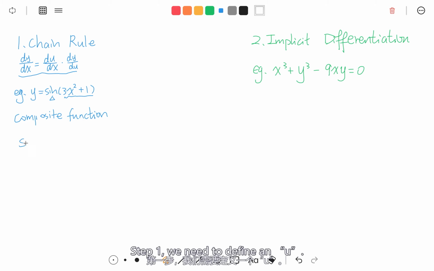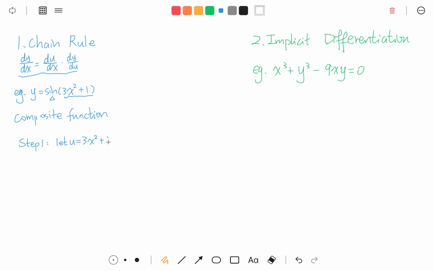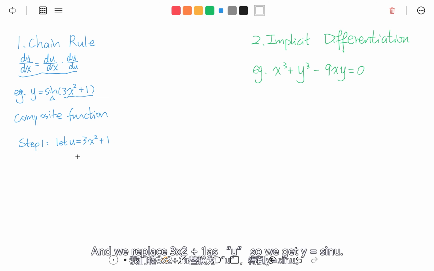Step 1: we need to define a u. So here let u equal 3x squared plus 1, and we replace 3x squared plus 1 with u. So we get y equals sine u.